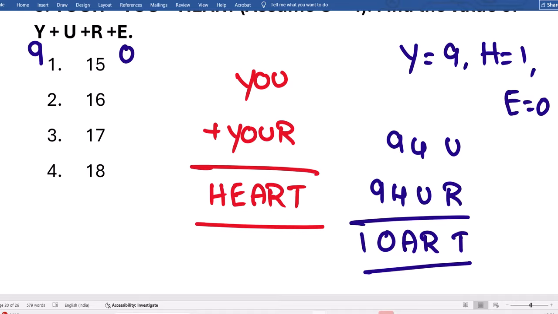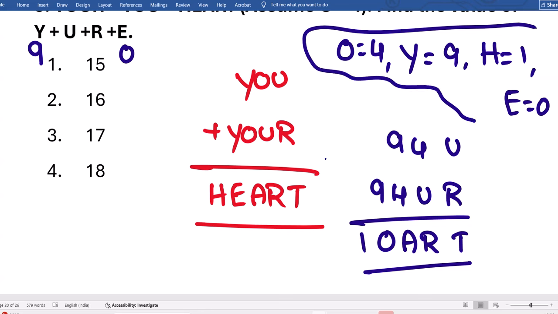So it should be 4 plus 5 likewise. So it should be less than 9. 4 is already gone. It should be 3, 5 like that we have to try. Just give a try and make sure U plus that already assigned value should not be a problem. O is already 4, Y is 9, H is 1, E is 0. Do trial and error. There is no other go. We have to do different values assignment.